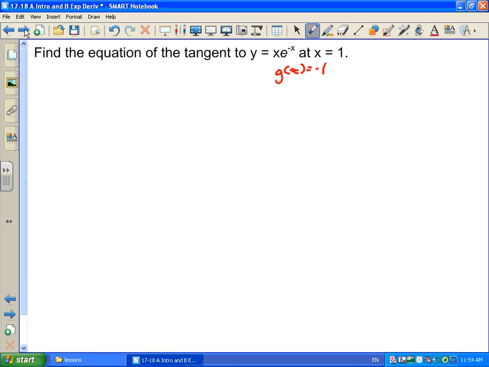So let's get our derivative here. Y primed is going to be derivative of this, which is just 1 times our second function, plus x times the derivative of e to the minus x. So that's going to be e to the minus x times the derivative of g to the x.